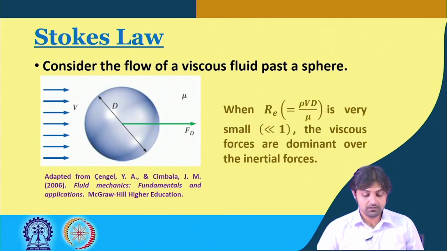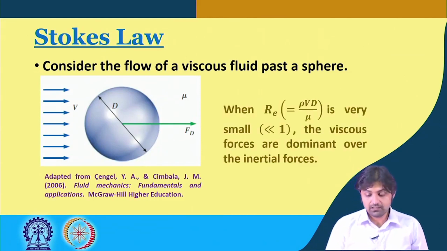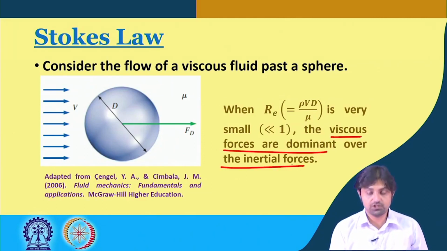Then we will see that when the Reynolds number rho Vd by mu is very small, the viscous forces are dominant over the inertial forces.